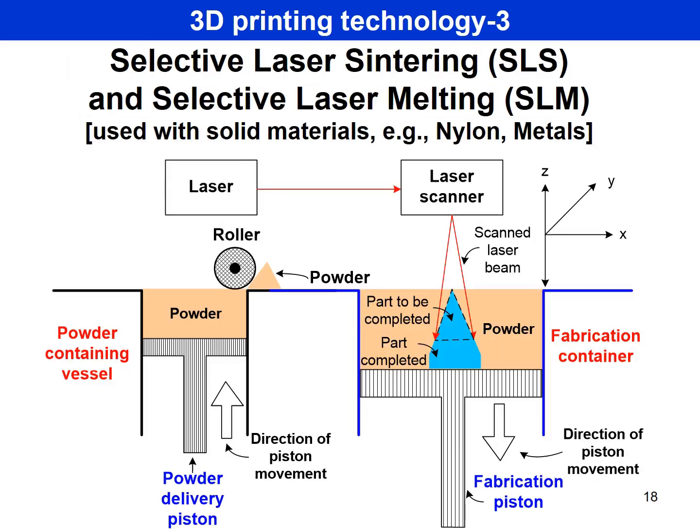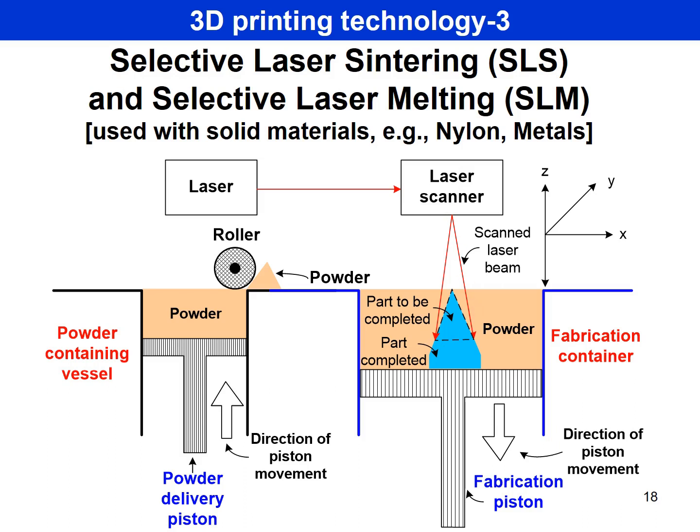Another technology involves selective laser sintering and selective laser melting. Both are used with solid materials, such as nylon and in some cases metal. So there's a laser beam coming in, a laser scanner, and the scanner scans in this direction, and when the light comes on, it solidifies the material.